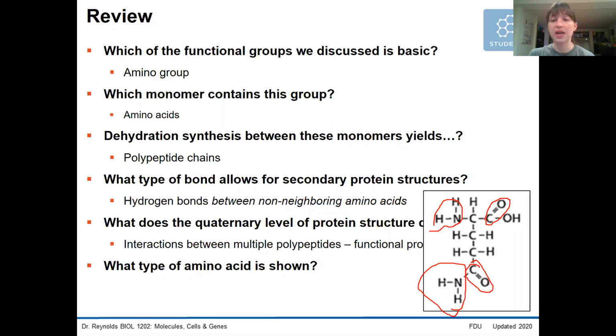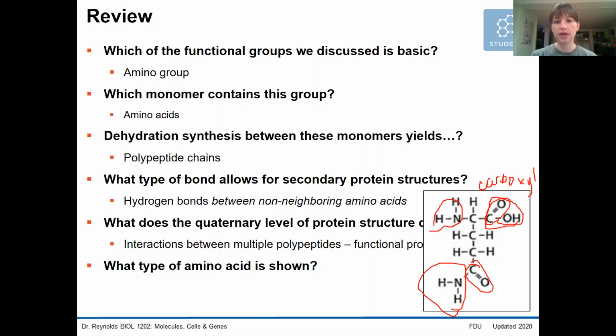In order for it to be a carboxyl group, that's the acid of an amino acid, we have to have both a carbonyl and a hydroxyl together. Well, the only one that has a hydroxyl group right next to it, meaning that we have an actual carboxyl group, is going to be this one up here.